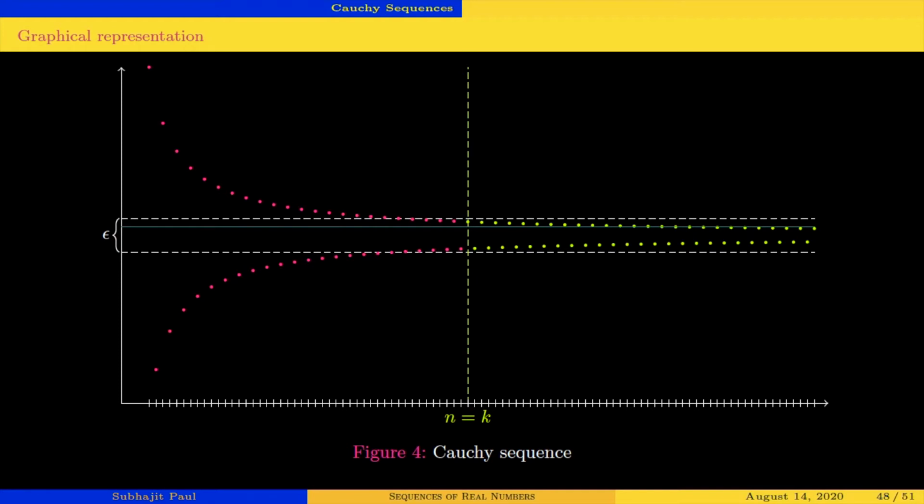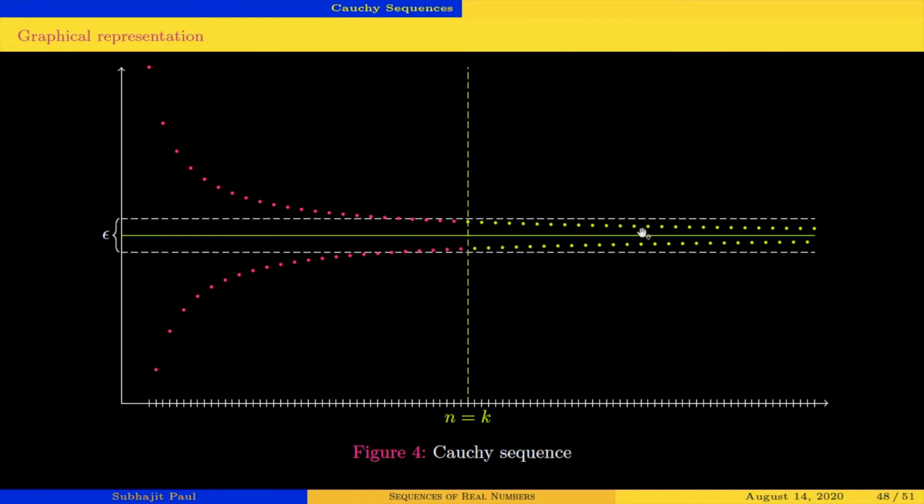Understand this thing, Cauchy sequence does not have to do anything with the limit. So suppose this is a sequence of rational numbers, and assume that they are trying to converge to this number.